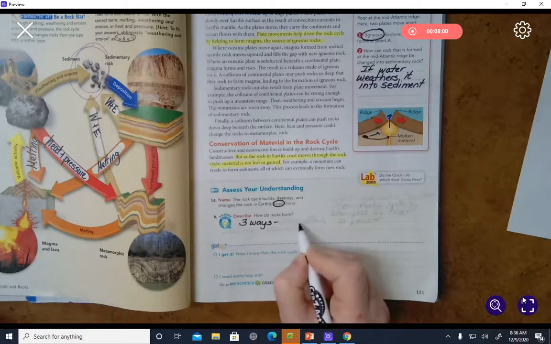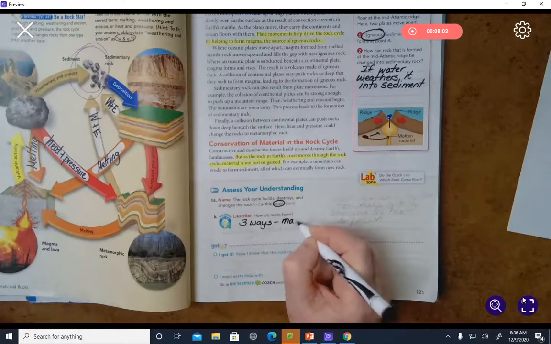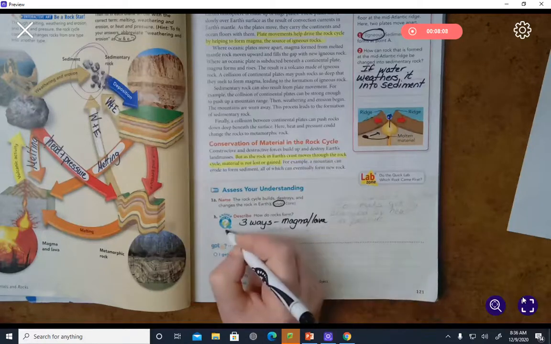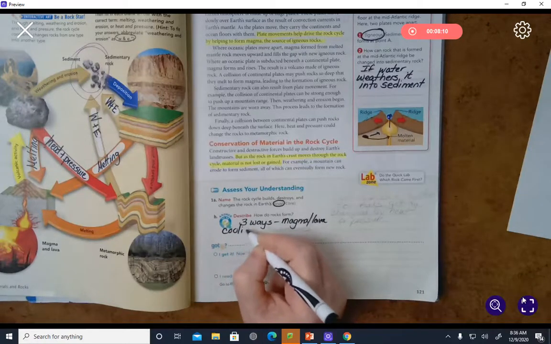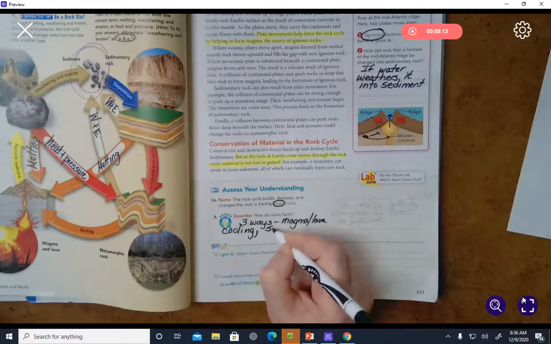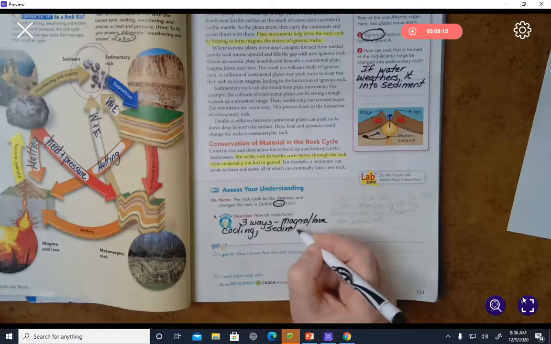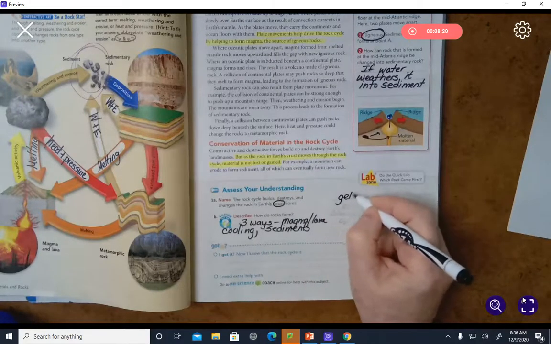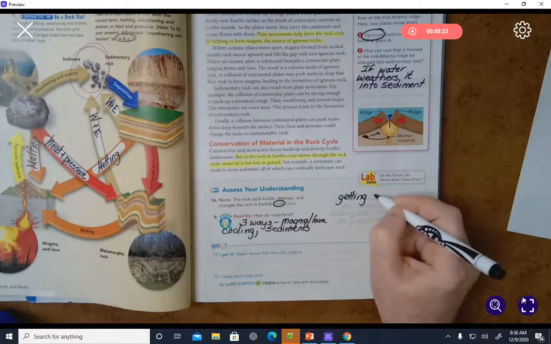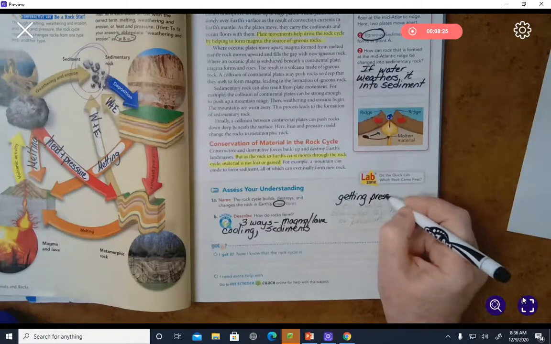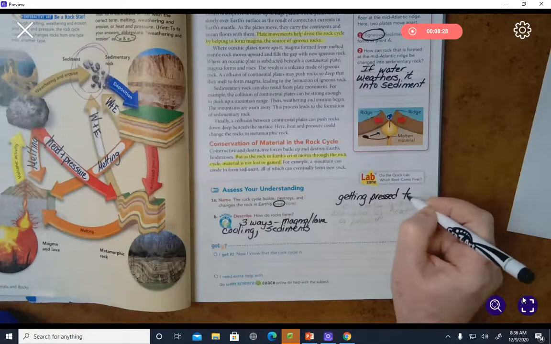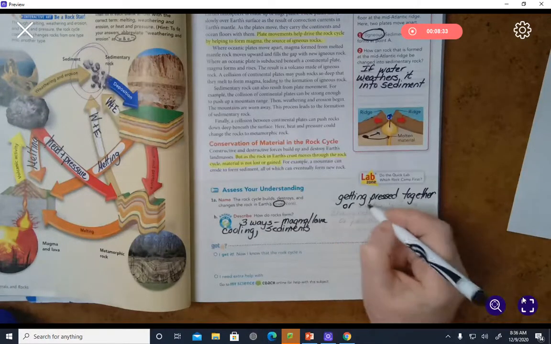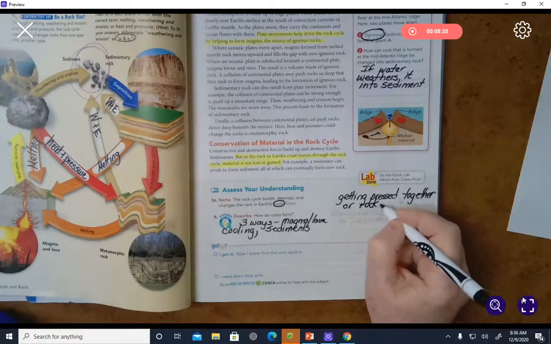I could say molten material, or here I wrote magma, or lava, cooling. Now you have an igneous rock. I could have sediment, getting pressed together and cemented, etc. Or rocks getting changed by, what 2 of the processes again?